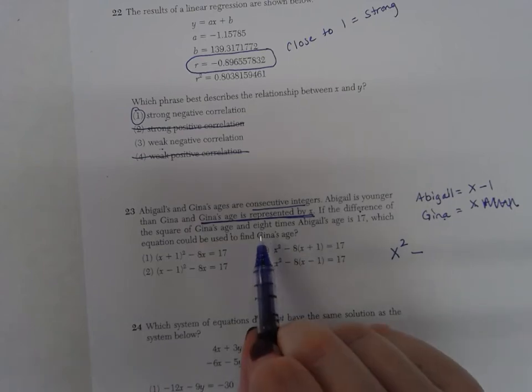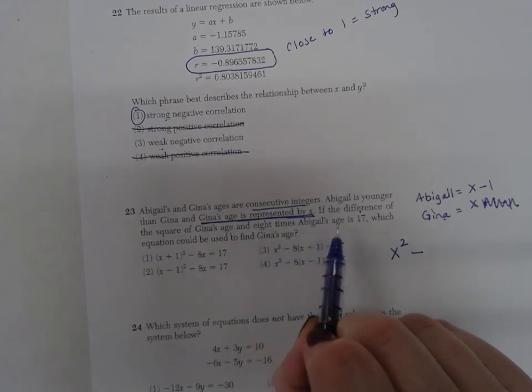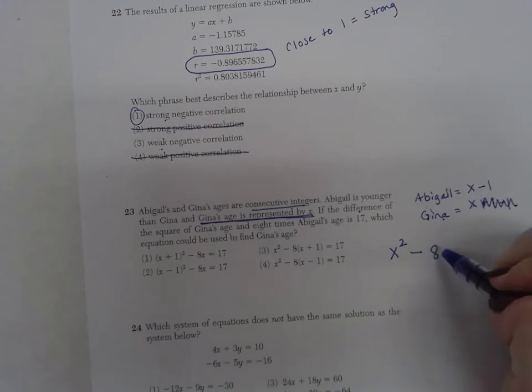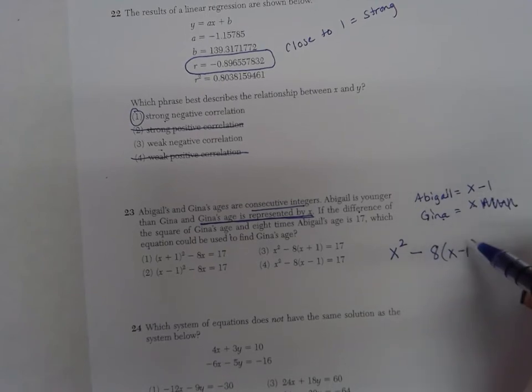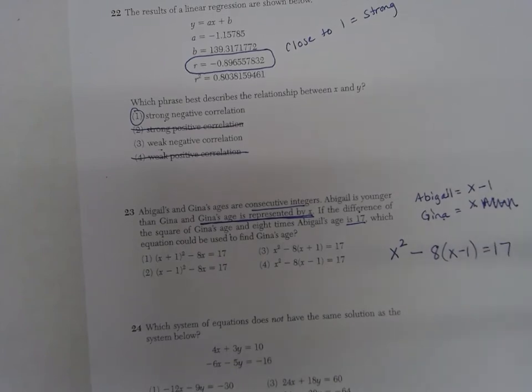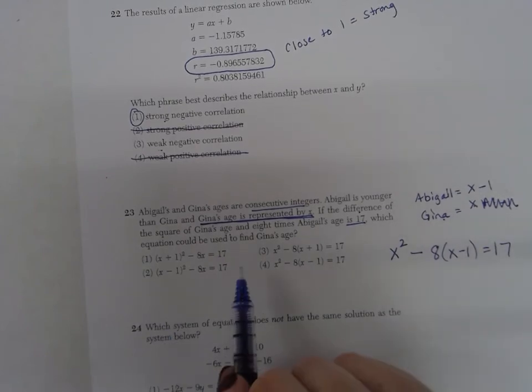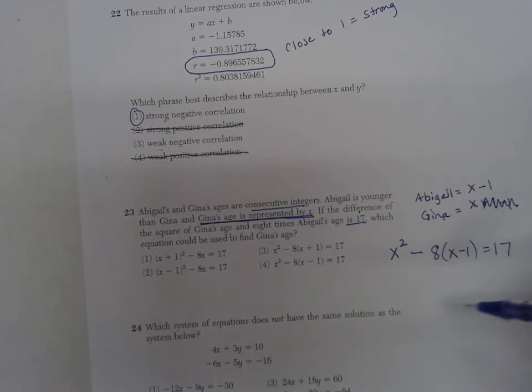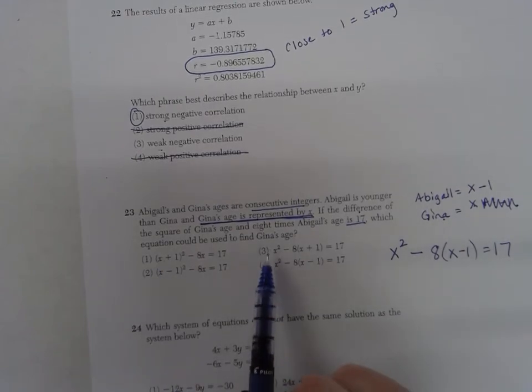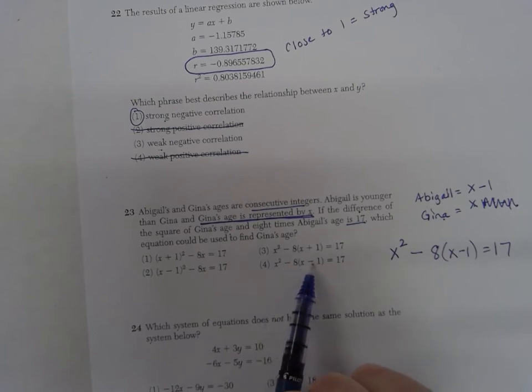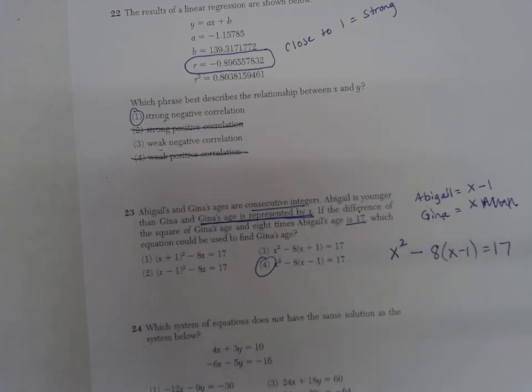And 8 times Abigail's age. 8 times Abigail is 17. Which equation could be used? Let's see if I can find this equation someplace in here. No, I'm looking for an x squared minus 8, x minus 1. That's the choice you want.